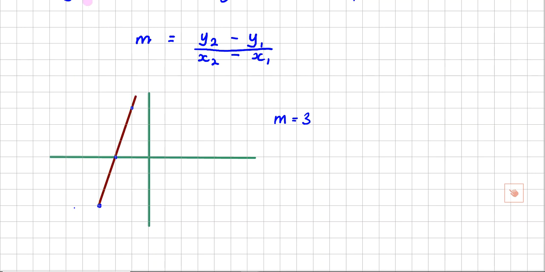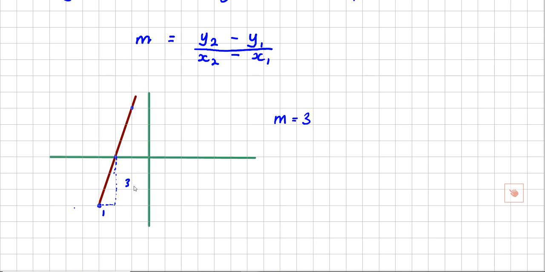Now, just to show you the whole triangle thing again, change in x, change in y, what do you notice? 1, 3, there's my right angle triangle, that's what we were doing before.